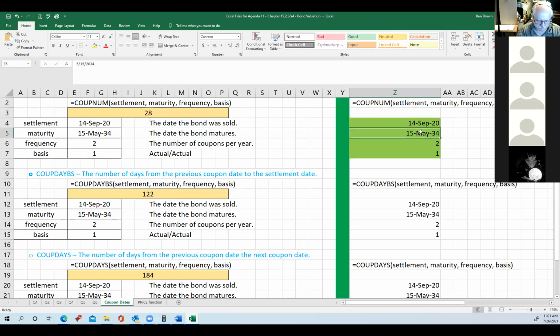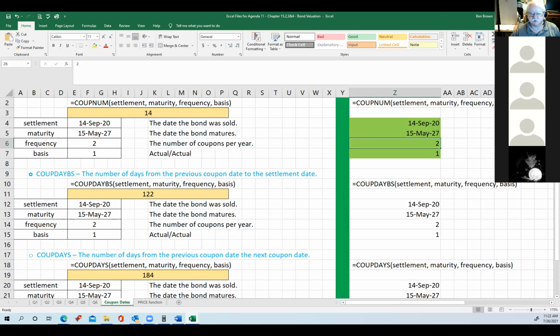And the maturity date is May 15th, 2027. So we can see that the number of coupons left is 14. The days from the previous coupon date to the settlement date is 122. And the days between coupon dates is 184. So we may need all those numbers.